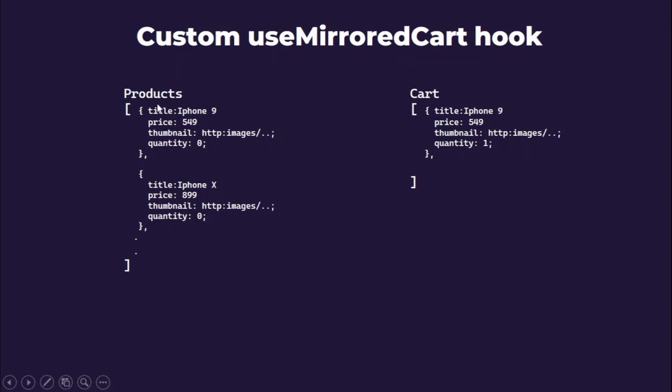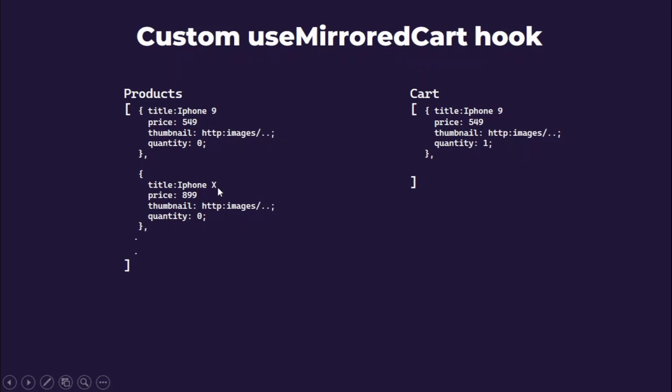So for example, in the first iteration, the product it grabs is this iPhone 9, and it notices that this iPhone 9 is also present in our cart. So it's going to replace this iPhone 9 object with that of our cart, which has a quantity of 1 instead of a quantity of 0. It's going to move to the next, and since this one is not present in our cart, it's going to leave it the same as it is.